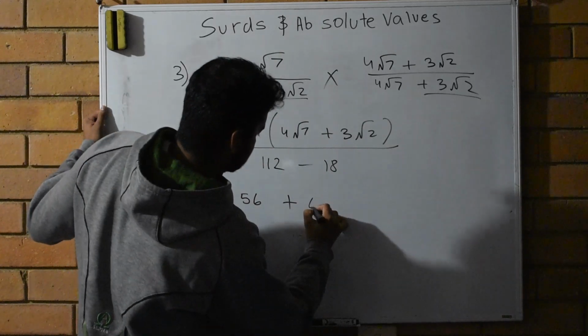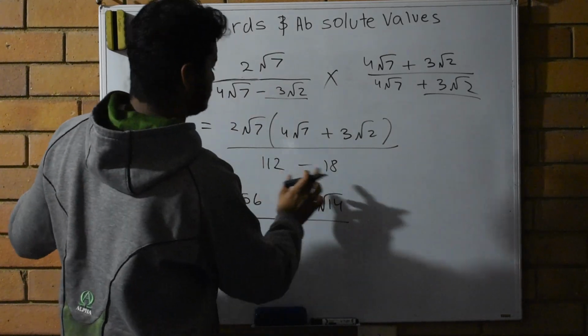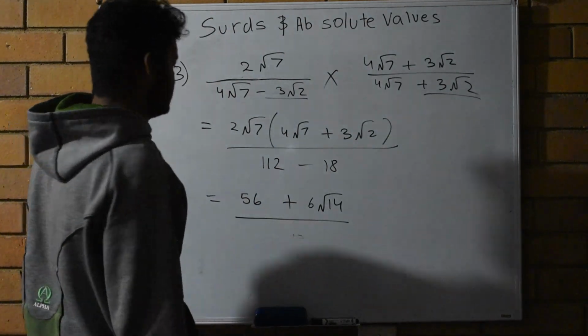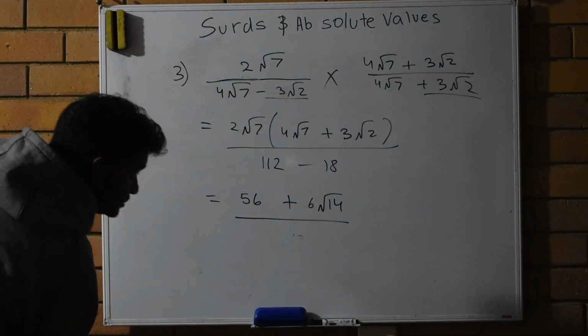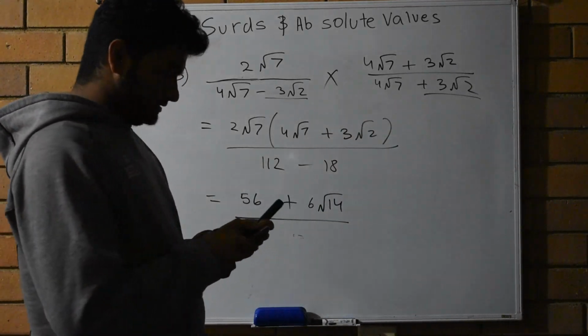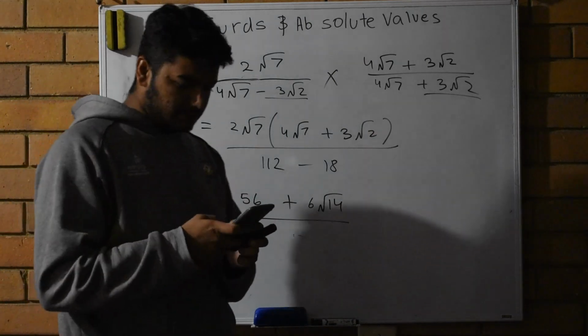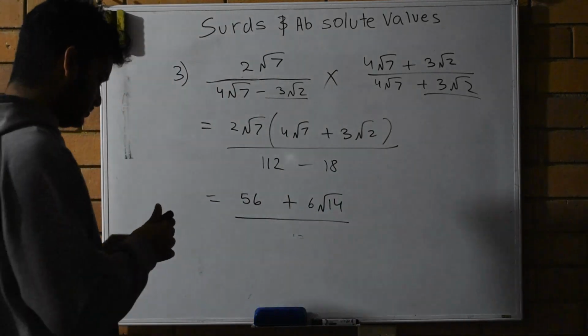So 6 square root 14 divided by 112 minus 18 is going to give me 94.